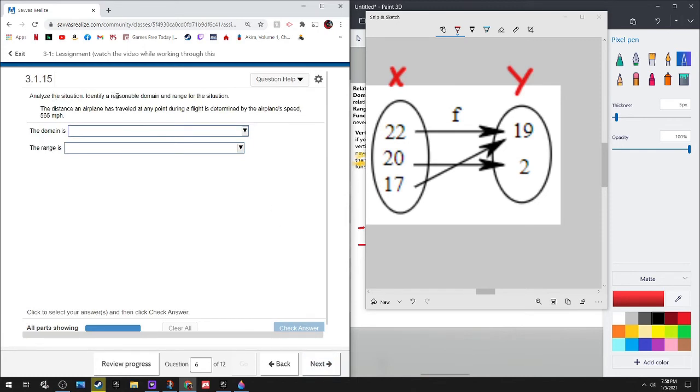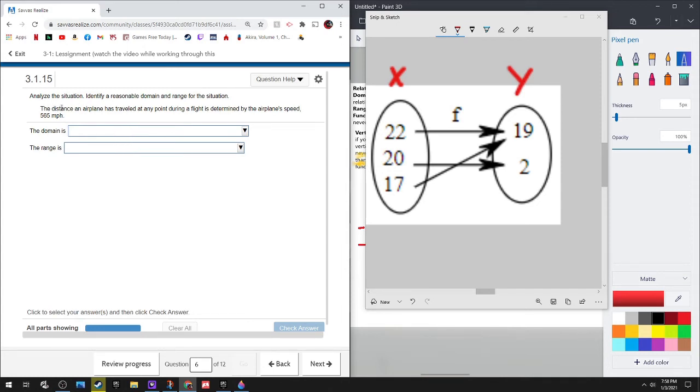Analyze the situation. Identify a reasonable domain and range for the situation. This is why I called this a lesson assignment, because I'm not asking you to do this on your own. I want you to think about it with me.